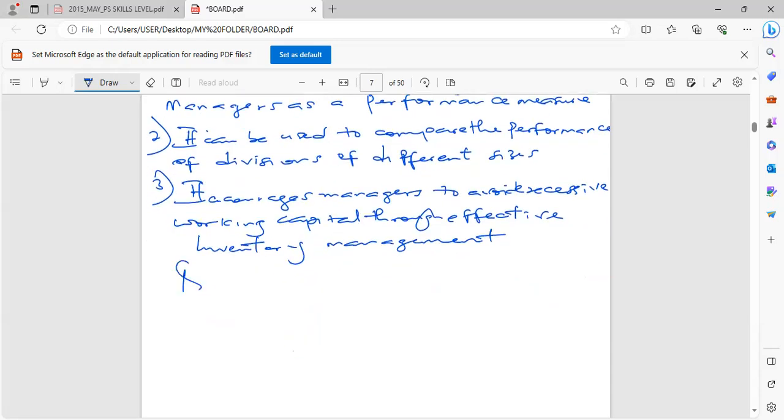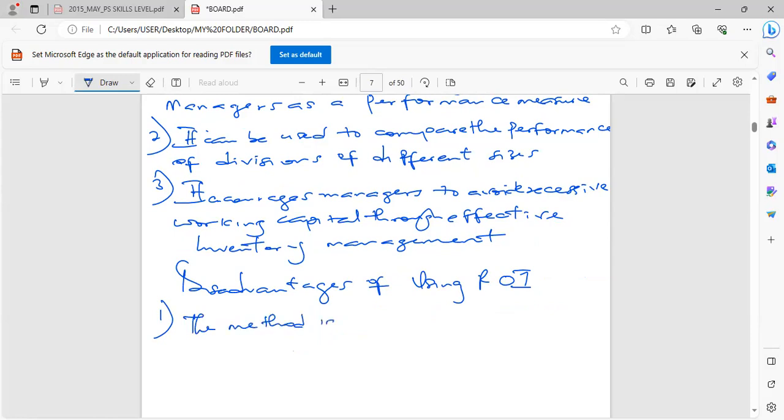The disadvantages. One, the method is not applicable in investment decisions.